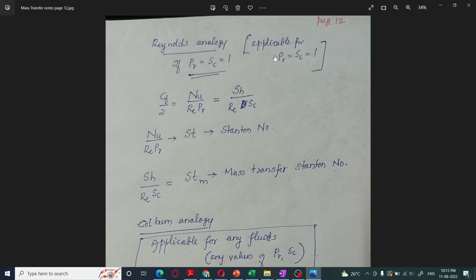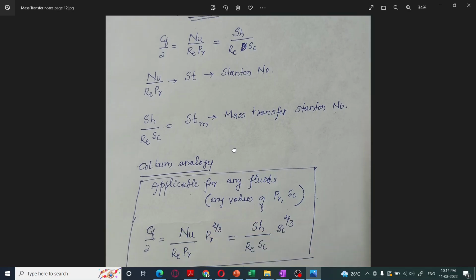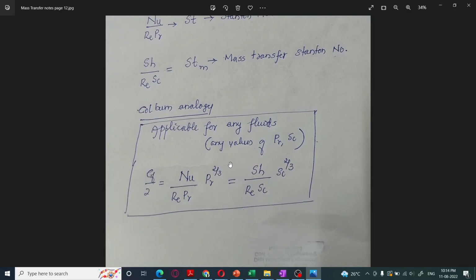If Prandtl and Schmidt are 1, then Lewis will also be 1, but we are not considering Lewis for the time being. You already know that Nu by Re Pr is known as the Stanton number. Similarly, Sherwood divided by Re Sc is known as the mass transfer Stanton number. So all are analogous. Hence we have the analogy.